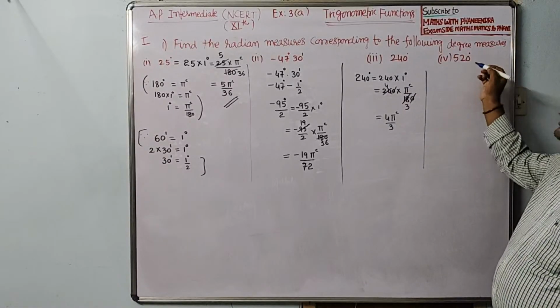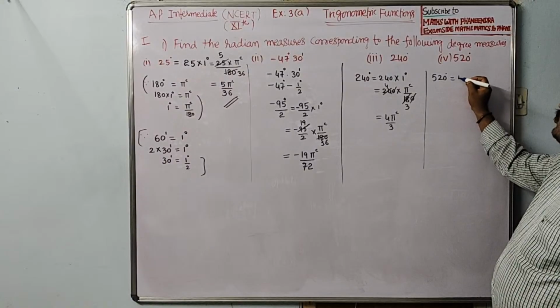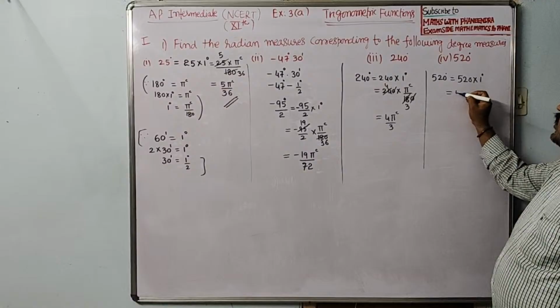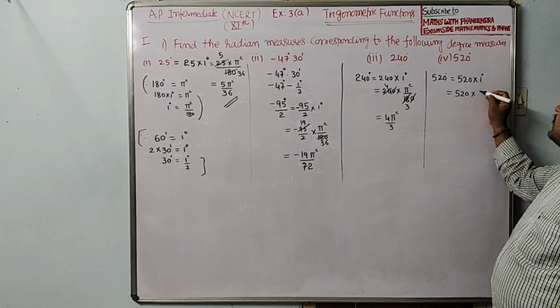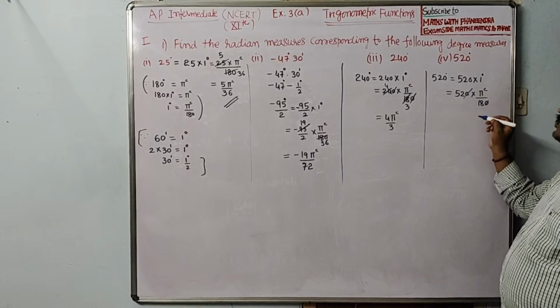Next question number 4. 520 degrees equal to 520 into 1 degree. So 520 into 1 degree is pi radian by 180. So here also 0 0 get cancelled.